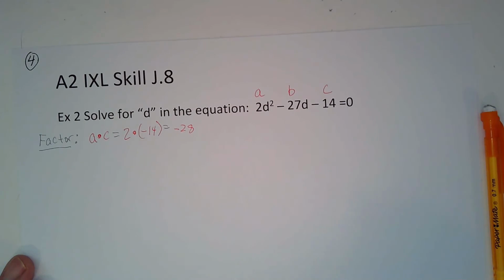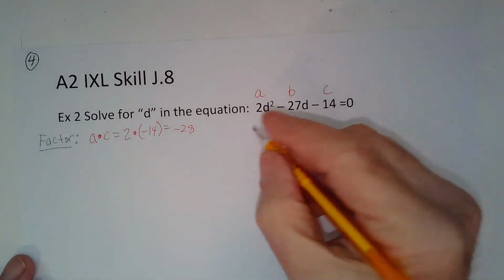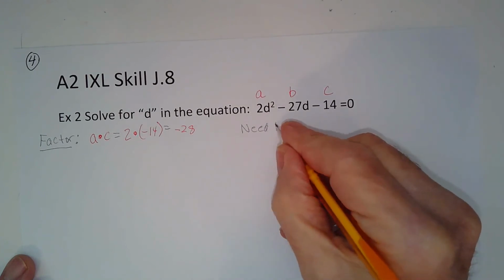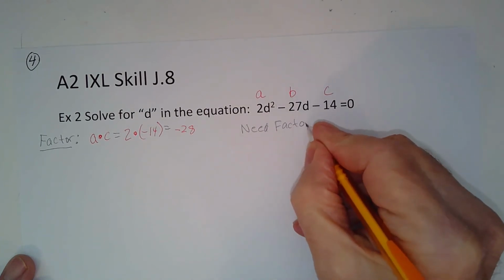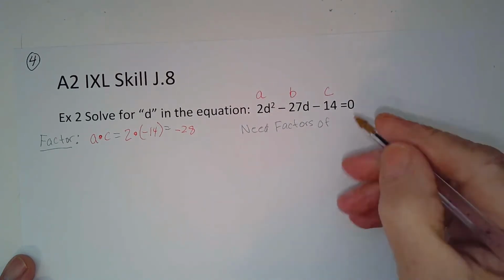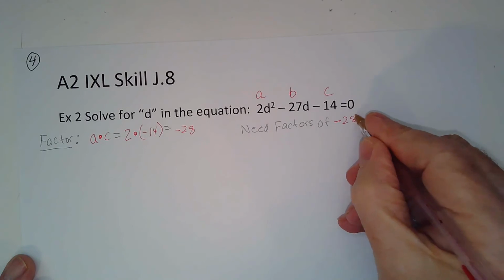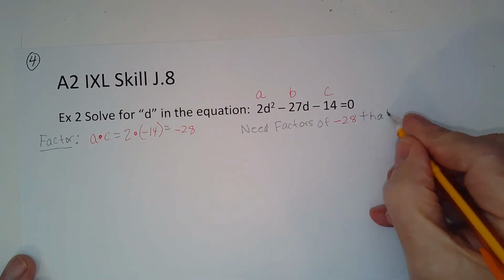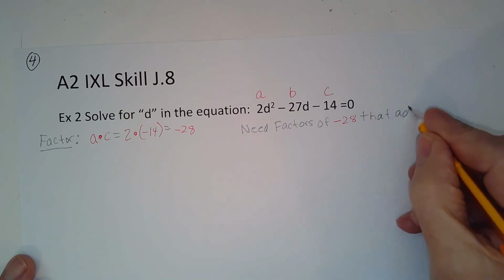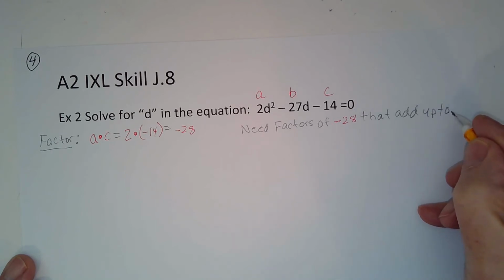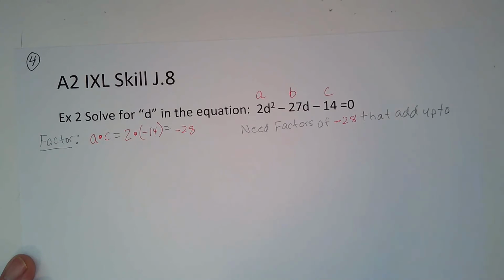So, I need factors of negative 28 that add up to negative 27.